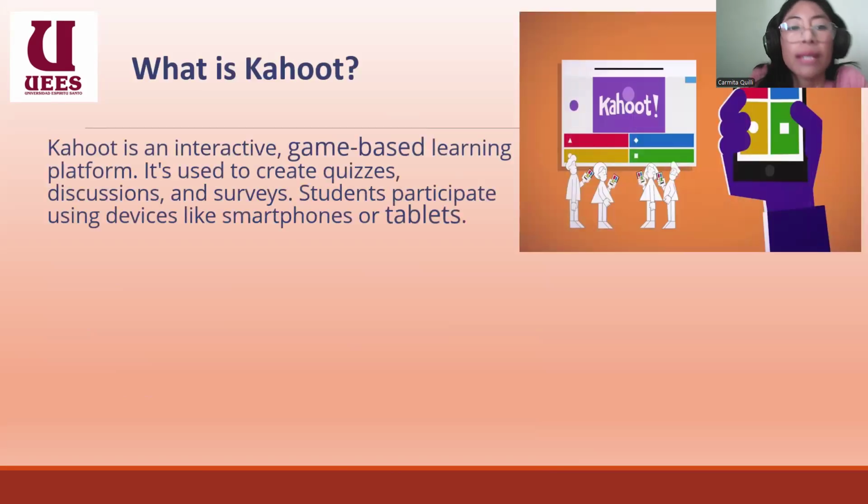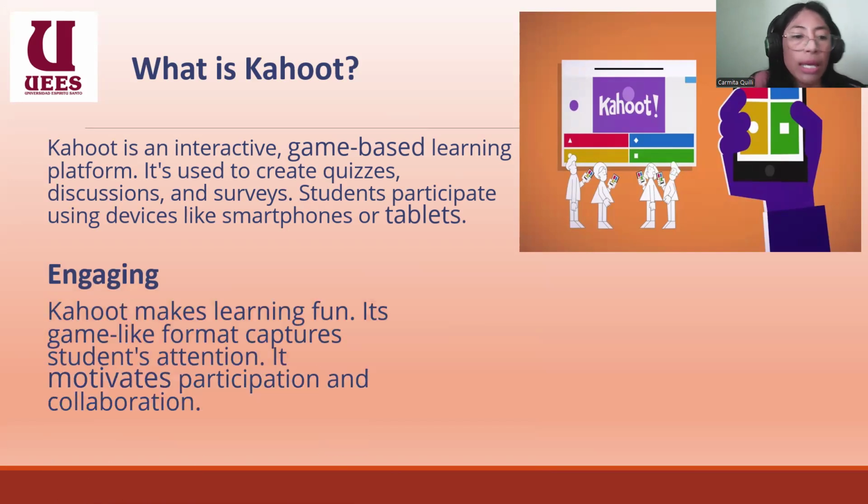First of all, we have to know what Kahoot is. Kahoot is an interactive game-based learning platform. It's used to create quizzes, discussions, and surveys. Students participate using devices like smartphones, tablets, and even computers. The two main characteristics of Kahoot are that it is game-based, because Kahoot makes learning fun.